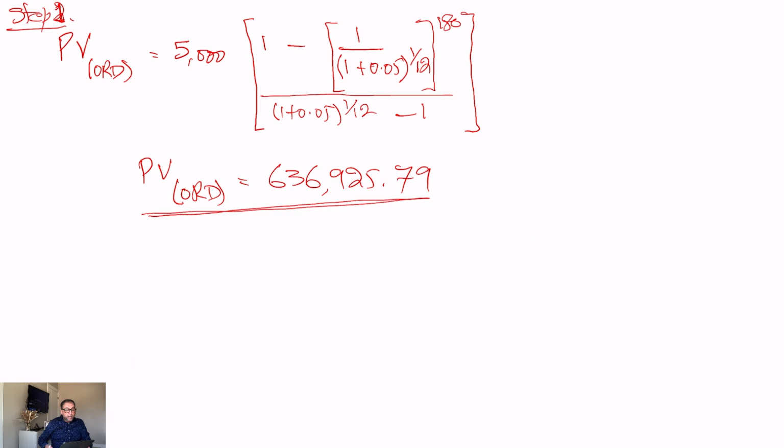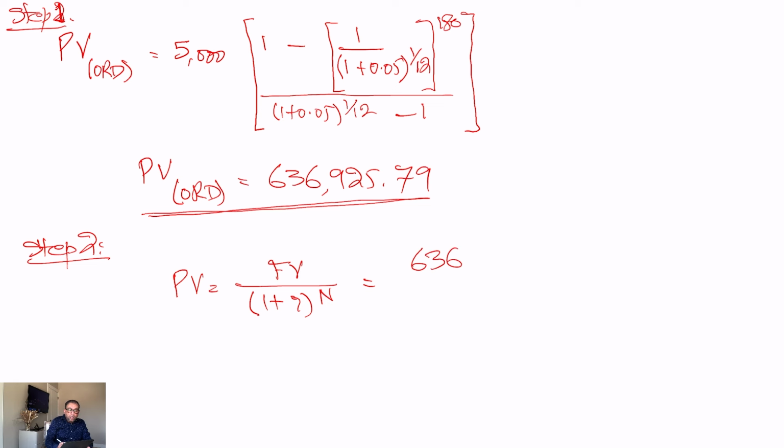So the second step is that we want to find the present value. Future value divided by 1 plus I exponential n. So we can apply: future value is 363,925.79 divided by 1 plus 0.09 exponential n.